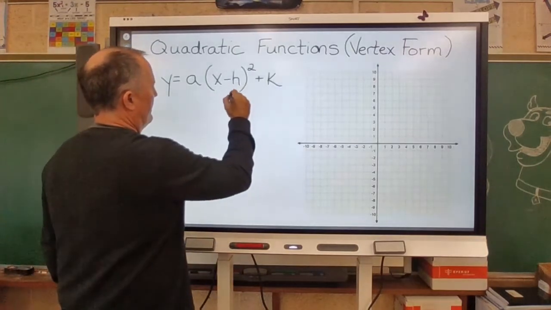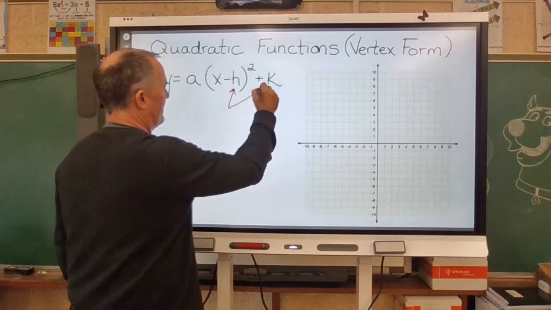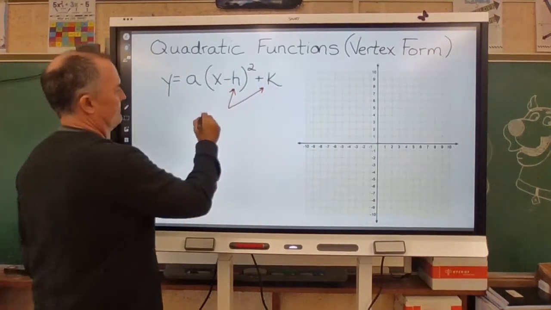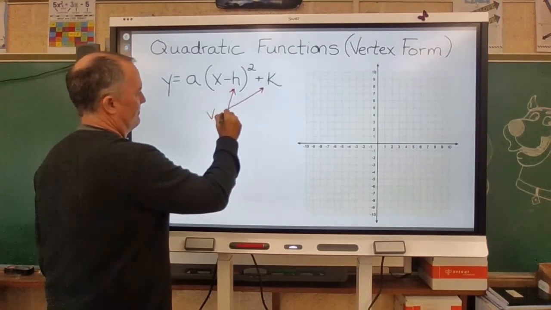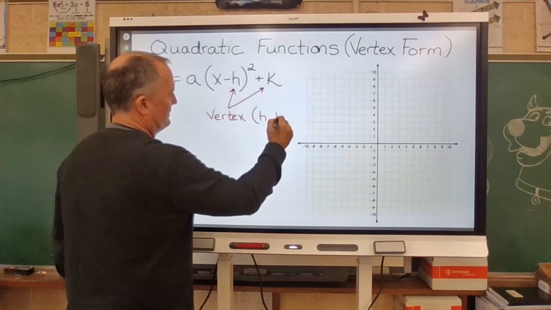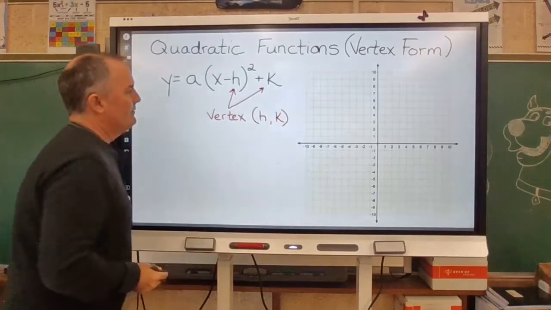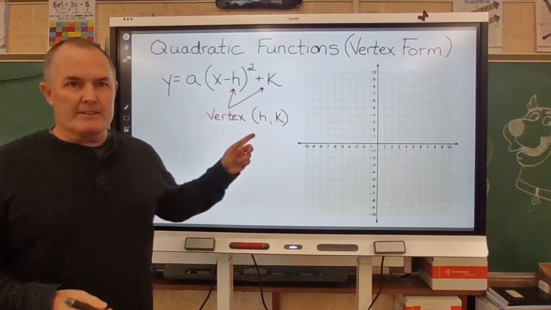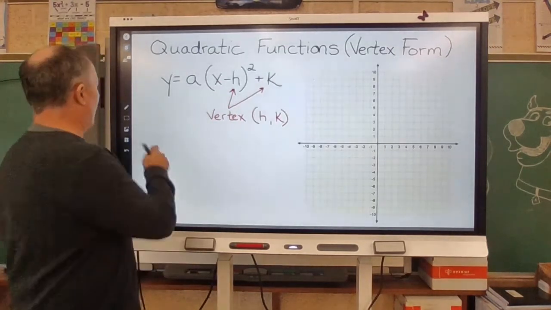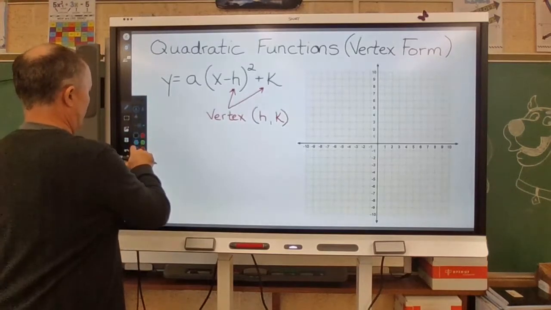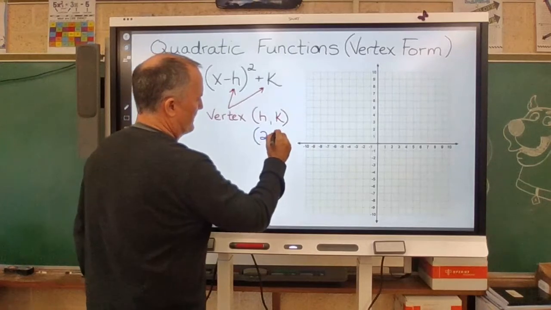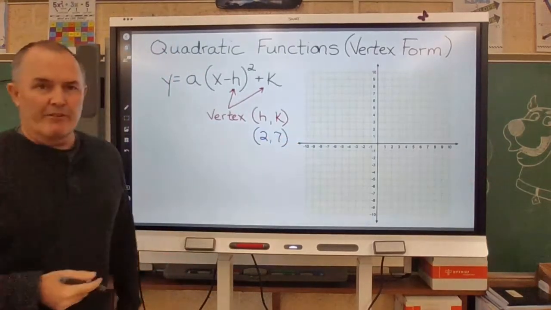So these two numbers right here are always going to be your vertex. So your vertex is your h and your k. Now remember, we always use the opposite. So that's why we go the opposite direction. For example, say I use (2, 7) as my vertex.